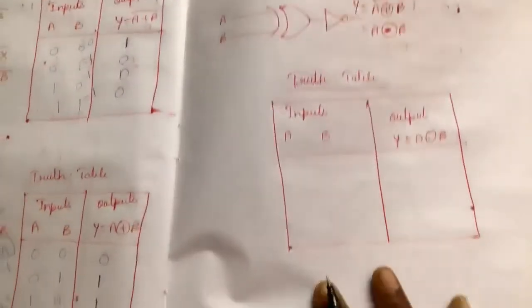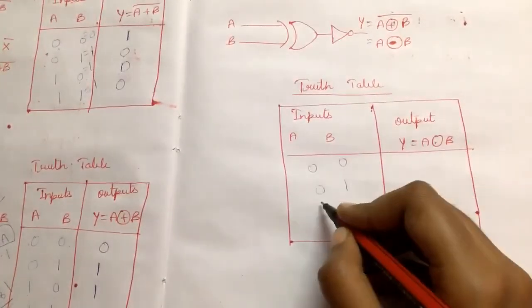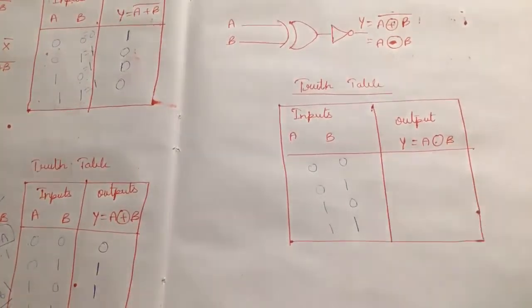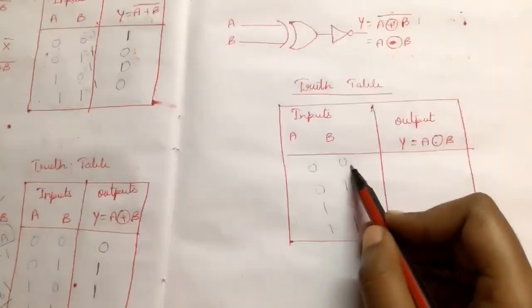Now we will write the truth table 0 0, 0 1, 1 0 and 1 1. As I said, for an even number of ones we will write the value as 1, otherwise we will write 0. 0 is also considered an even number. So how many even-number-of-ones sets are there?